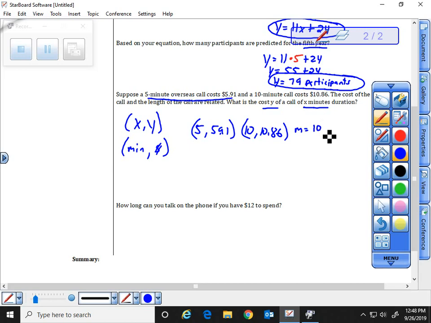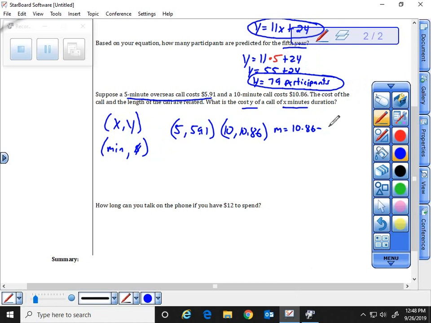Y values subtracted. And the x values subtracted. So it will be, m will be 4.95 on top and 5 on the bottom, which will be 0.99, or 99 cents.